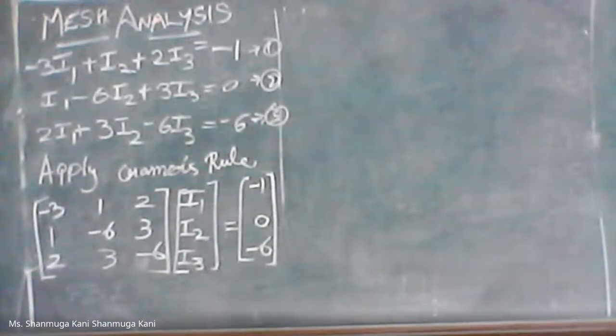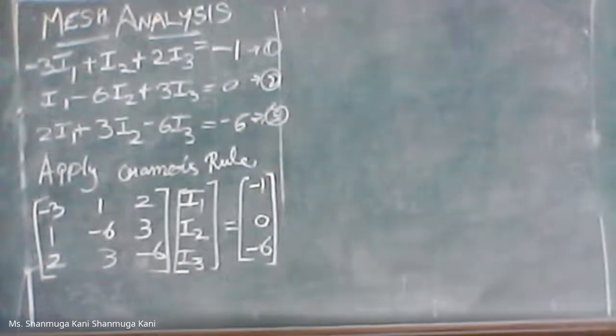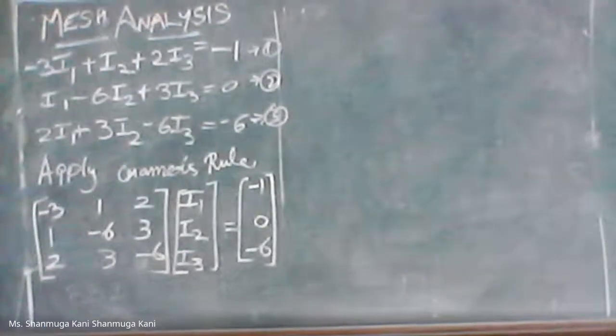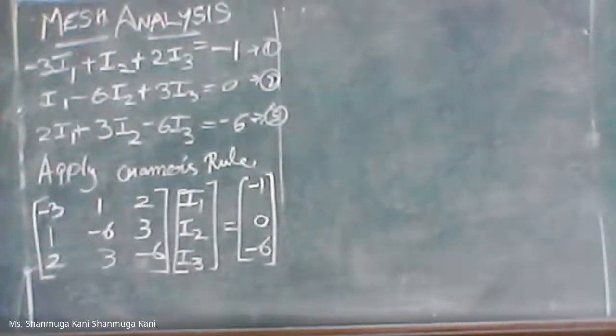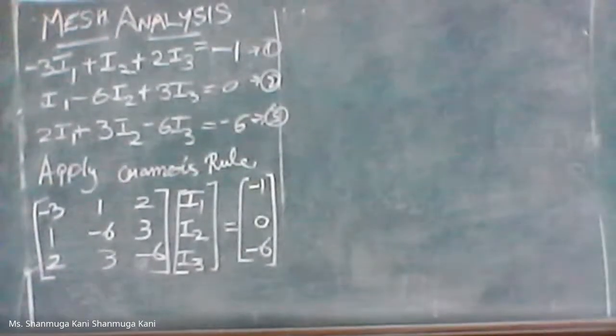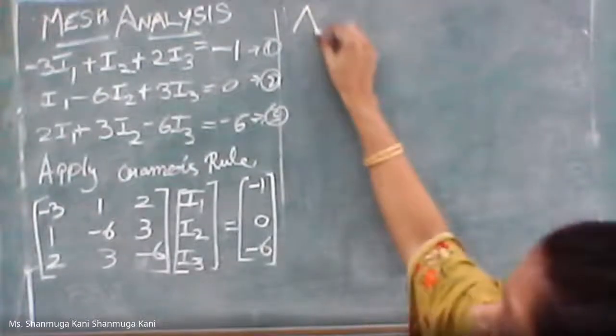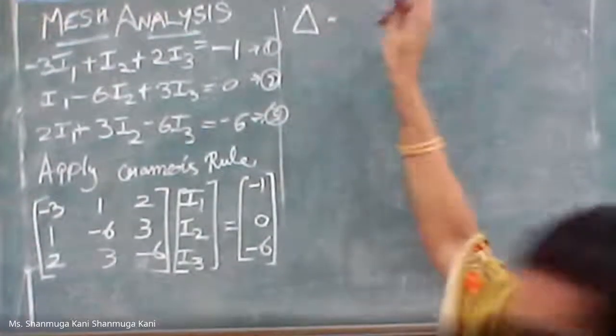Do you know how to find the determinant? Do you know how to find the determinant value? Yes, ma'am. So for each number, in this Cramer's rule, we have to find the determinant value. So first we have to find our del value. First is del value.